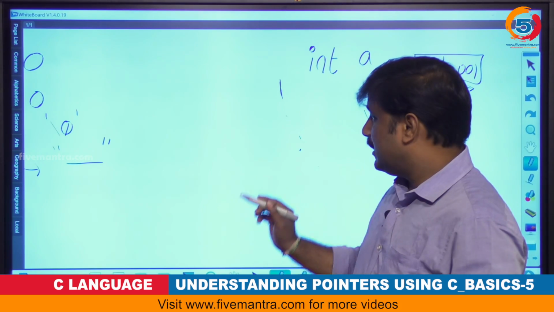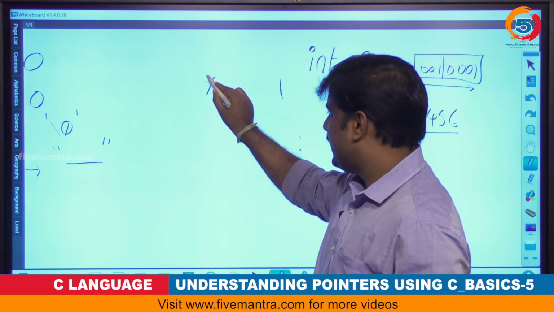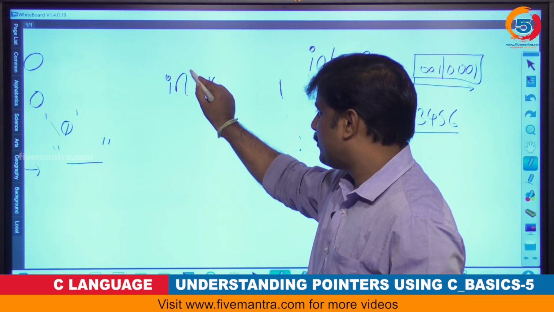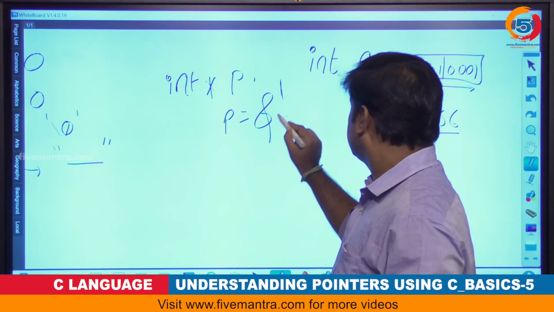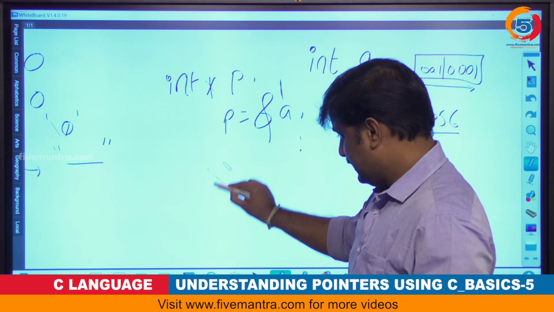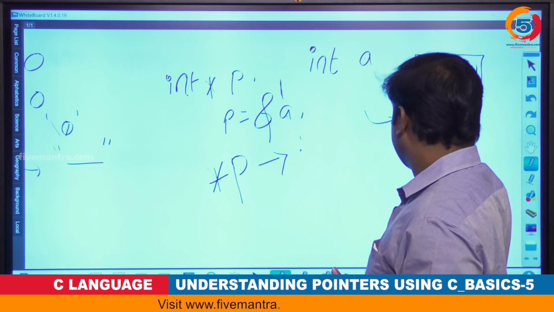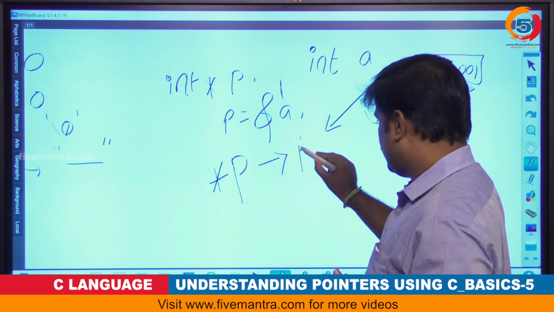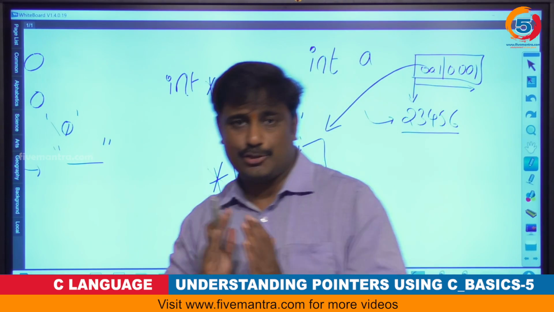It is good, but say one pointer variable is there. That pointer is nothing but an integer pointer p, and I have given p equal to address of a. So when I say star p, it has to give this value, right? It has to dump this value. How will it do that? How many bytes does it have to read?